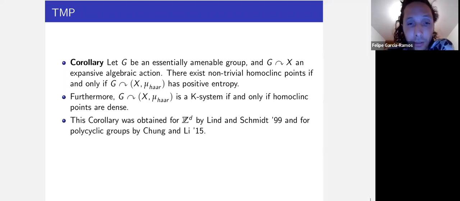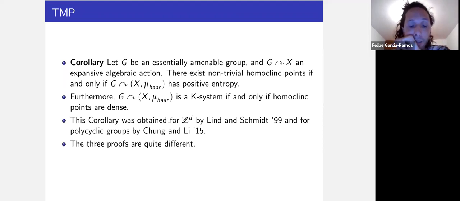This was done for Z^d by Doug Lind and Klaus Schmidt, and it was also done for polycyclic groups by Chung and Li. And actually, the three proofs are quite different. For Z^d, you have an abelian group, so it's a commutative algebra kind of stuff.